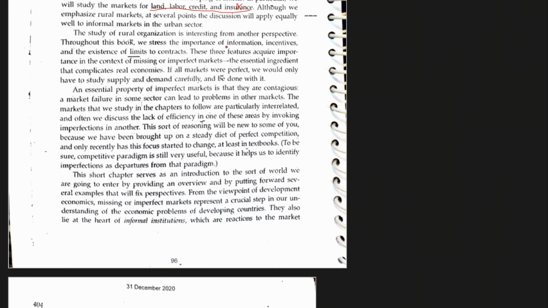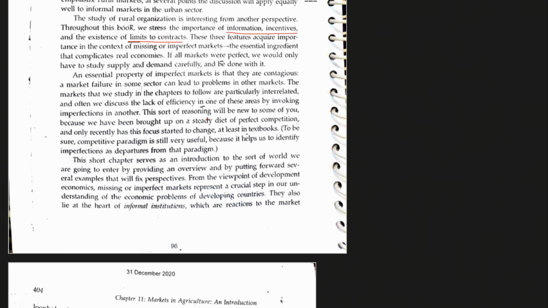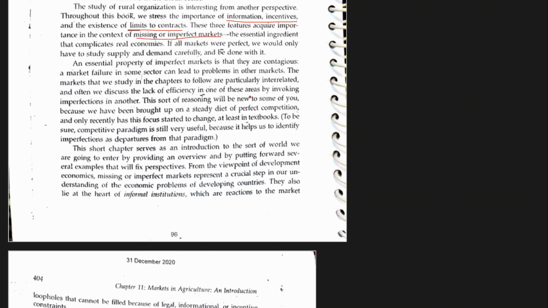So, the importance of information, incentives, and the existence of limits to contracts matters in the context of missing or imperfect markets, where markets are missing or imperfect, which is the essential ingredient that complicates real economies, right?